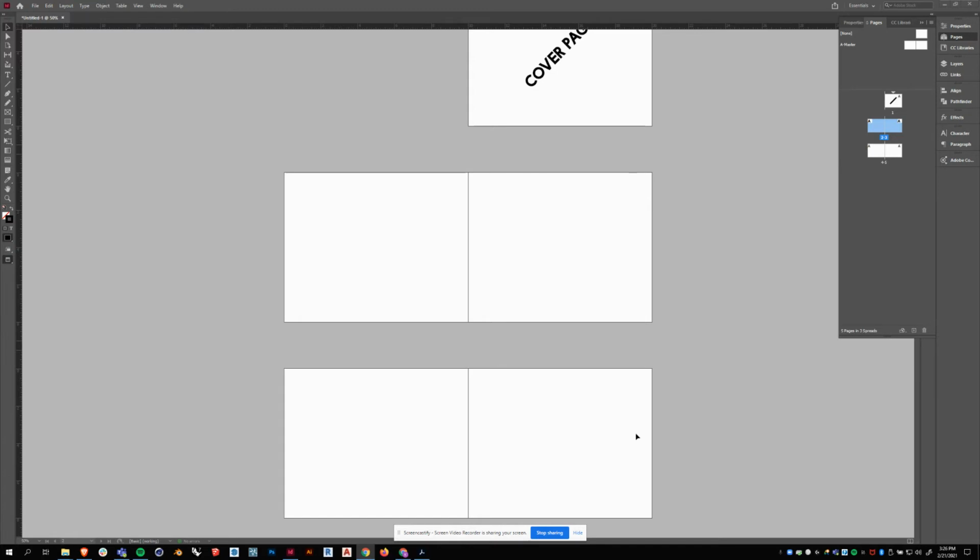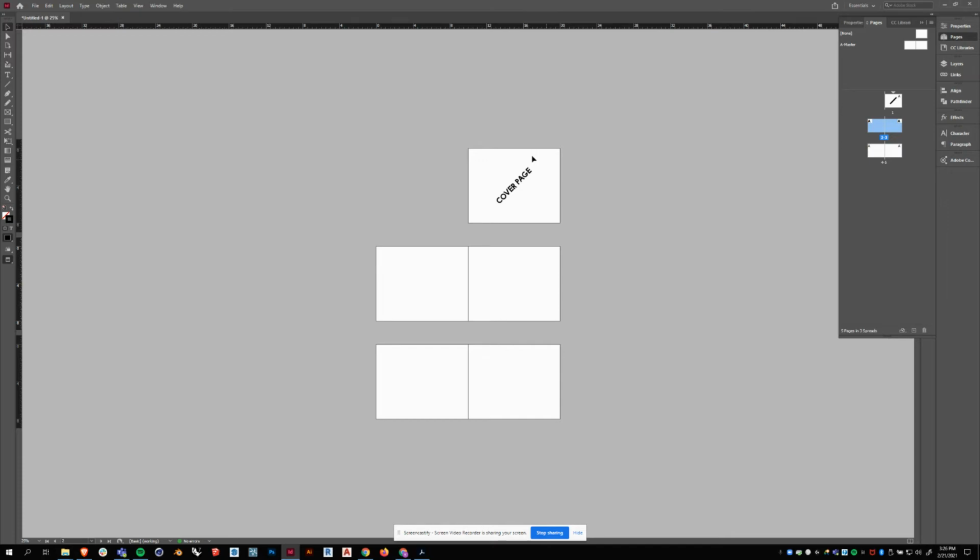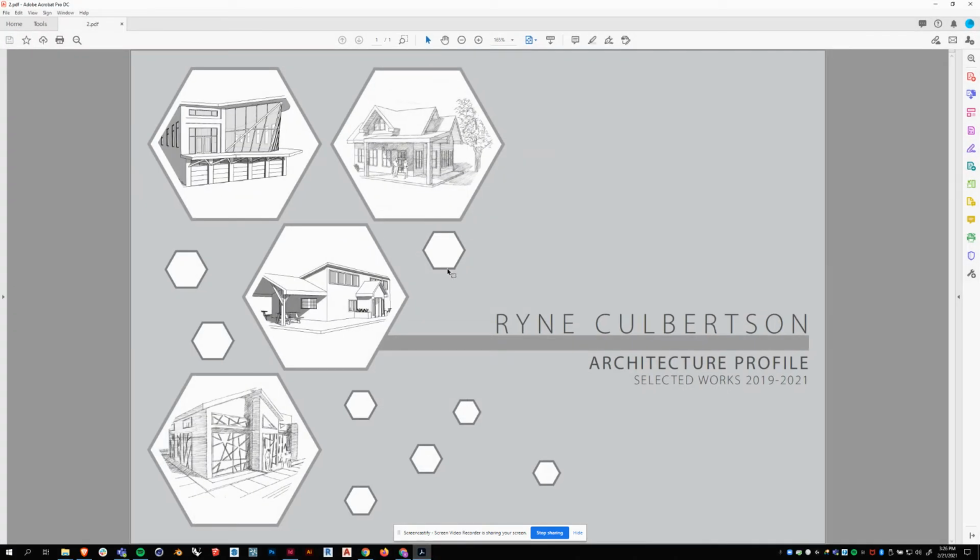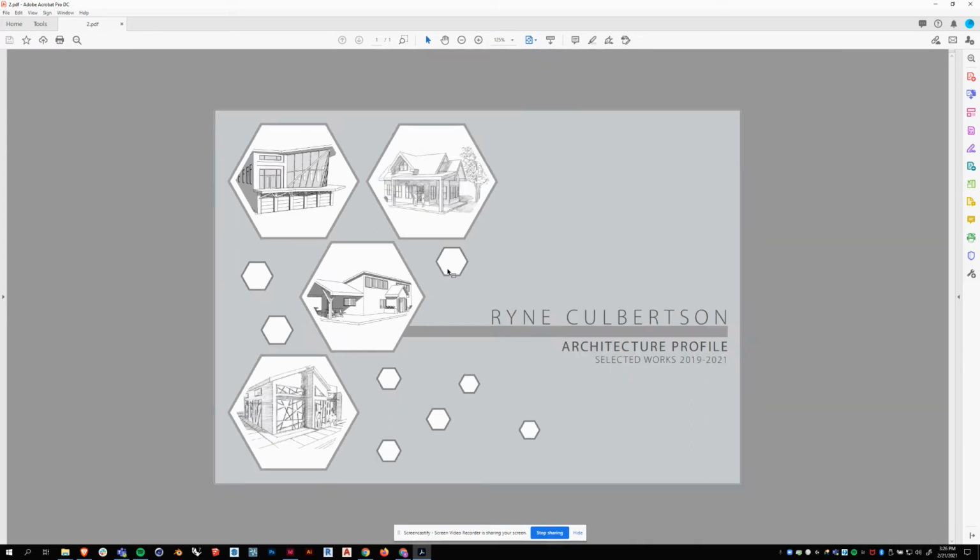Couple watchouts. You're sort of starting to develop a graphic language of how you're going to organize your portfolio. As we saw with Ryan's here, he developed this language of the hexagon.